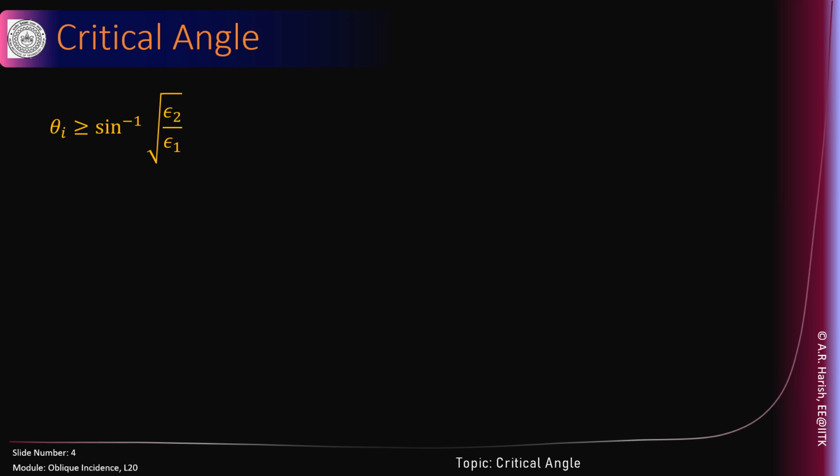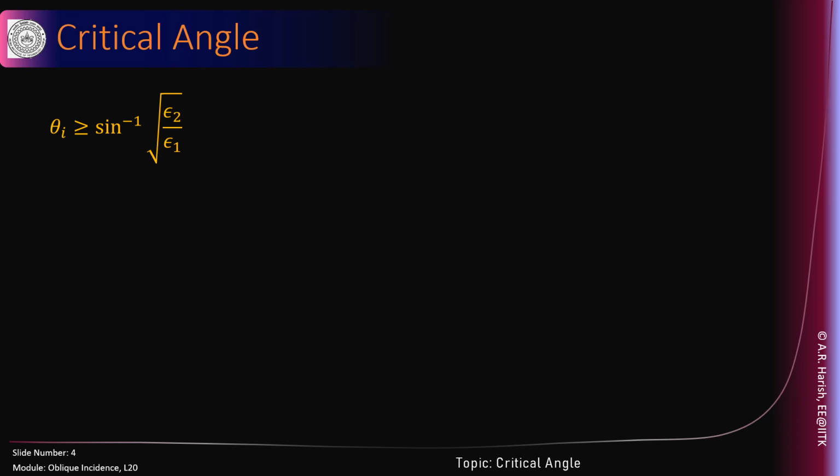We derived this equation: theta I must be greater than or equal to sine inverse of square root of epsilon 2 upon epsilon 1 for the magnitude of gamma parallel to be equal to unity.